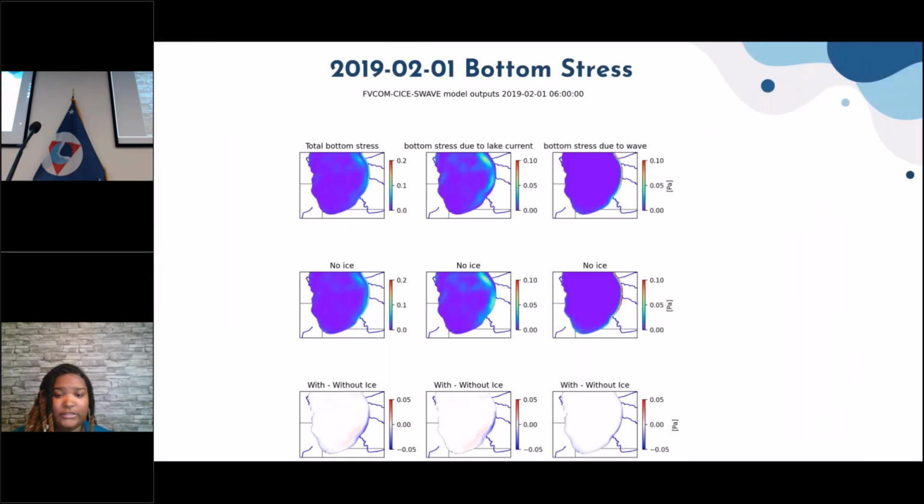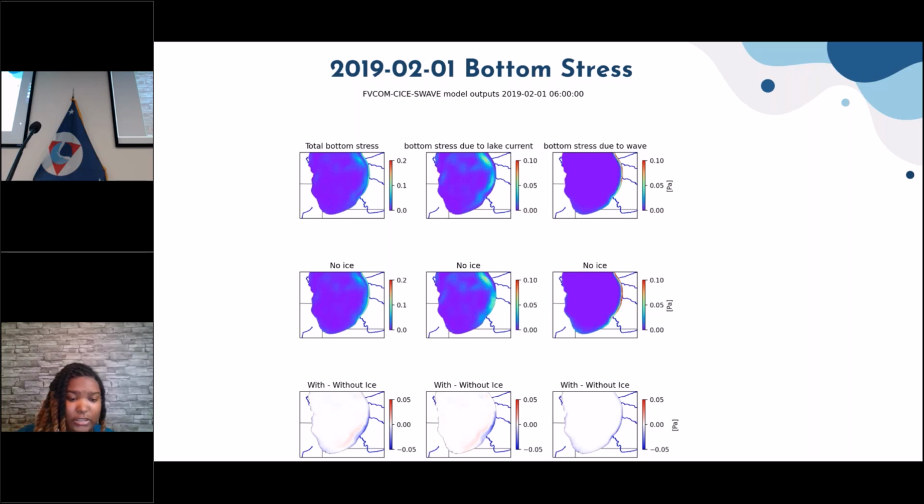Unfortunately, I could not find the sediment suspension map for 2019, but we'll just go over the bottom stress. As you can see here, there was an increase in bottom stress shown with ice in the bottom row.